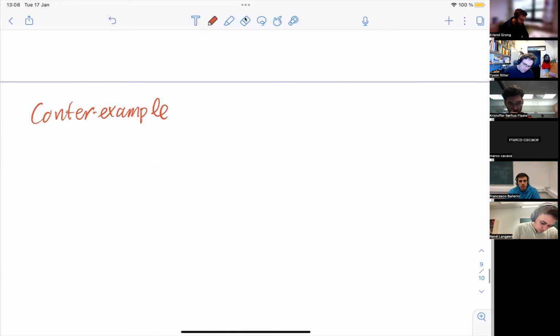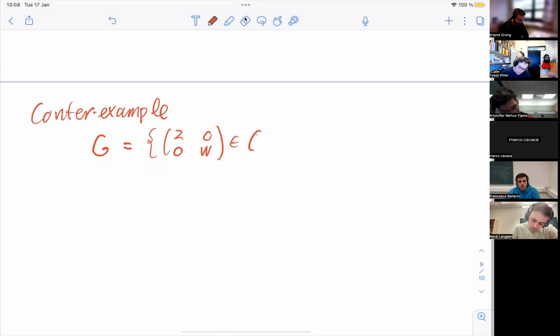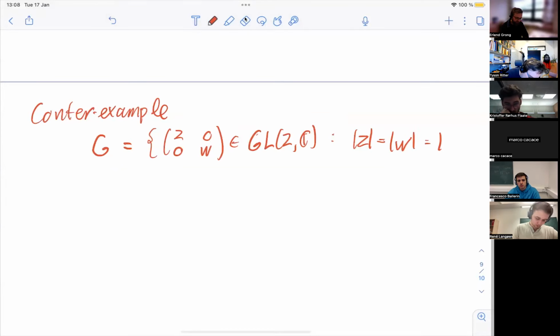I'm going to start with something that actually is a matrix subgroup, namely the collection of all diagonal matrices in GL_2(C), so all complex matrices such that each of these complex numbers has modulus, or length, 1.